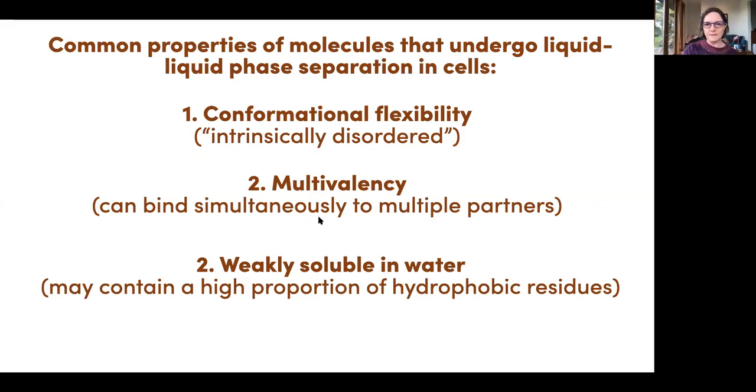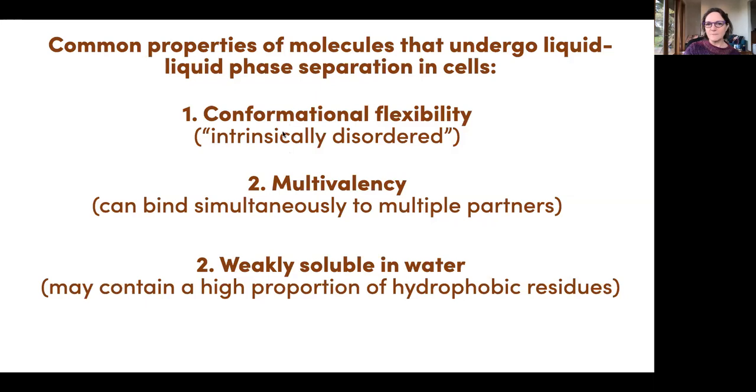I've just explained that multivalency, the ability to bind simultaneously to multiple partners, whether protein or nucleic acid partners, is a property that drives phase separation. And proteins that tend to phase separate are often near the limit of solubility in water. They're not oily, but they don't have a high proportion of hydrophobic residues, and so they are less attracted to water than other proteins.